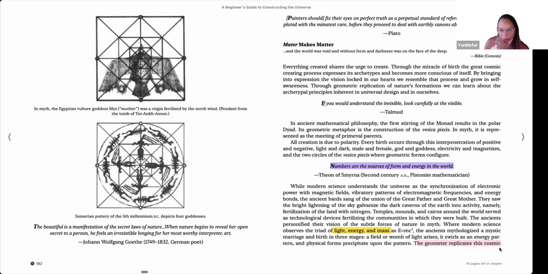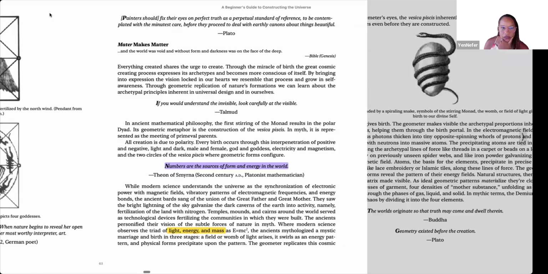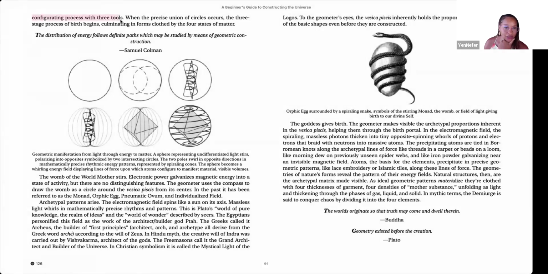The geometer replicates this cosmic configurating process with the three tools. When the precise union of circles occurs, the three-stage process of birth begins, culminating in forms clothed by the four states of matter. Wow. The distribution of energy follows definite paths which may be studied by means of geometric construction.